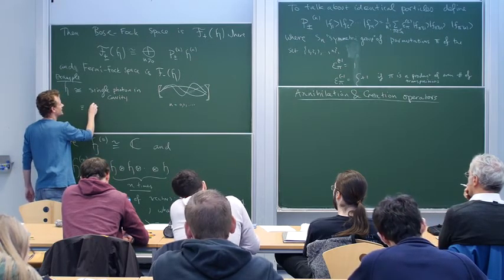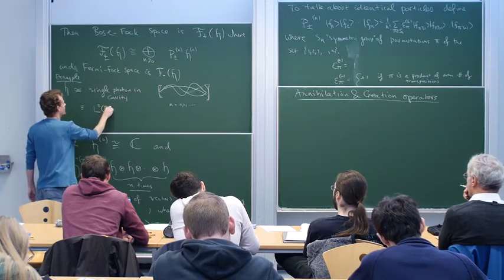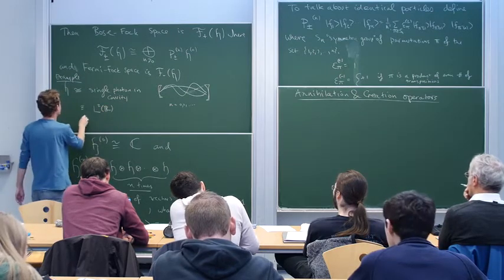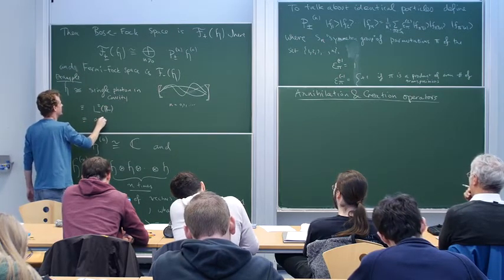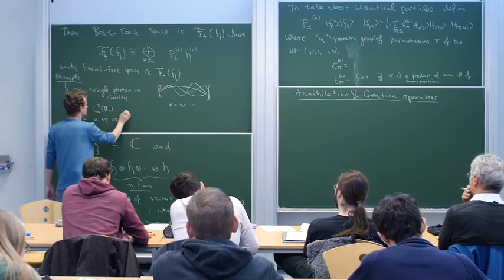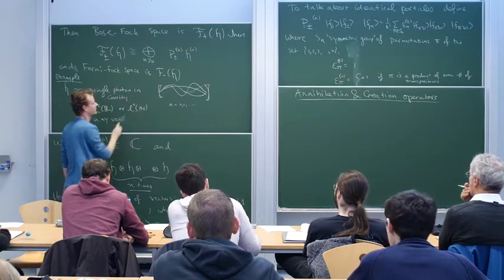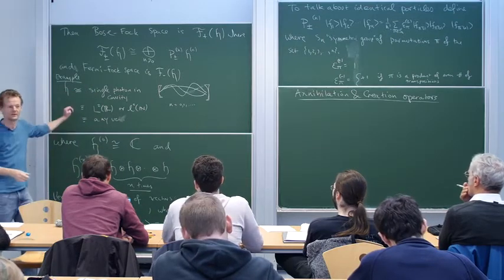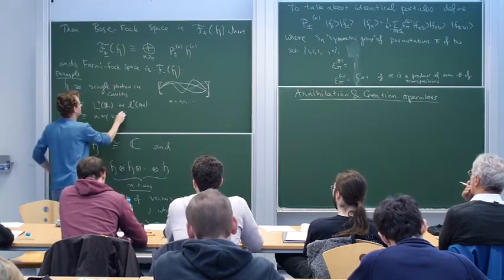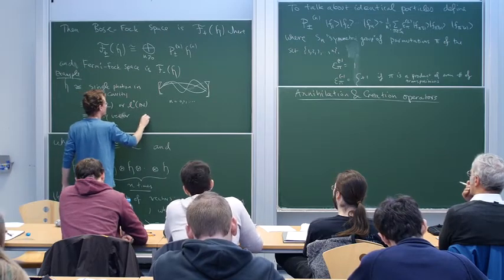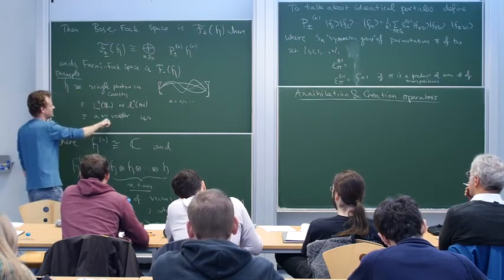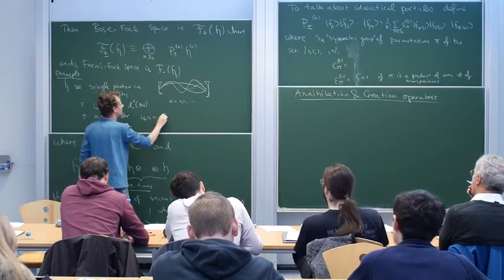Well, here's a fancy way of writing it. So if you like that kind of thing, that's your kind of thing. If you don't, then it's any vector psi. H is the space of any vector of this form.